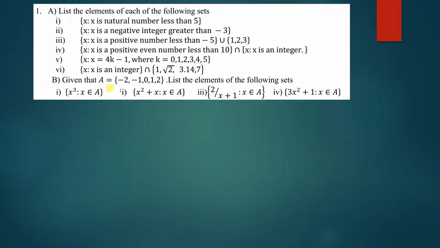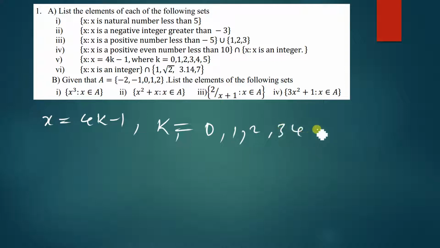So part 5 is saying x is such that x is equal to 4k minus 1, where k has been given to be 0, 1, 2, 3, 4, 5. Okay, so these are the values of k. So let us quickly find what x is when we replace these values of k in this given expression.